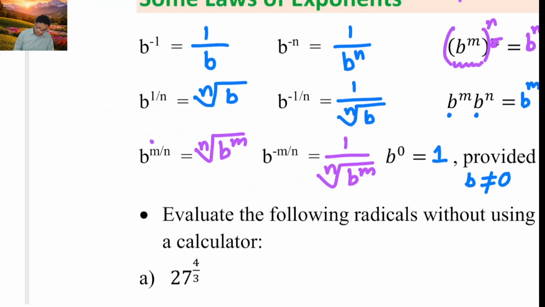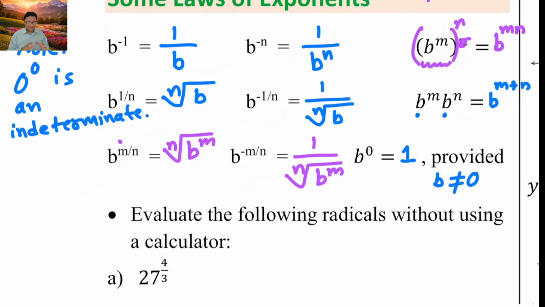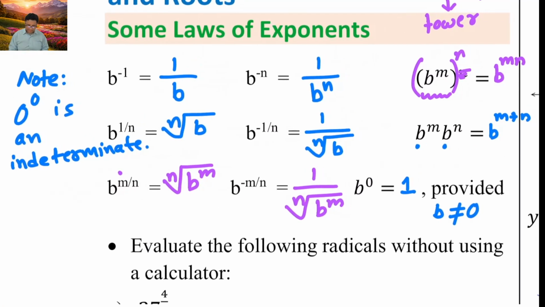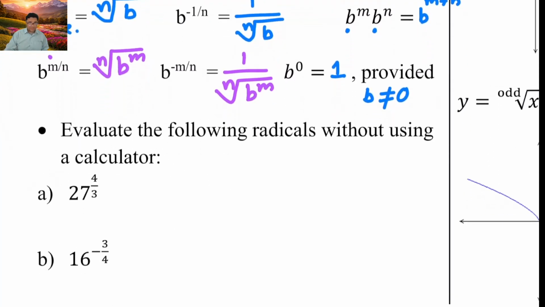Regarding that also I'll make a note here. 0 raised to the 0 is an indeterminate quantity. I'll not elaborate more on this right now. When necessary, we will talk about it later. So it's not a number basically. You can think of it as not a number, something weird. Anything else to the power 0 is equal to 1.